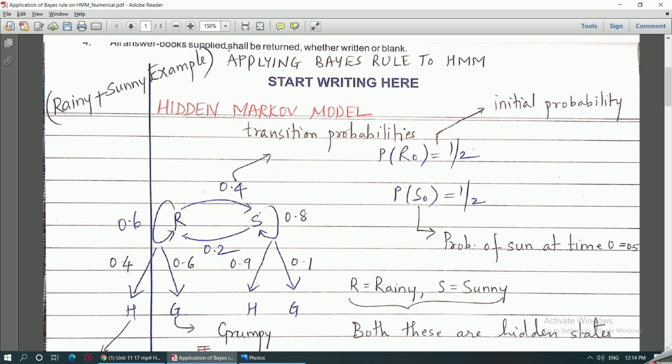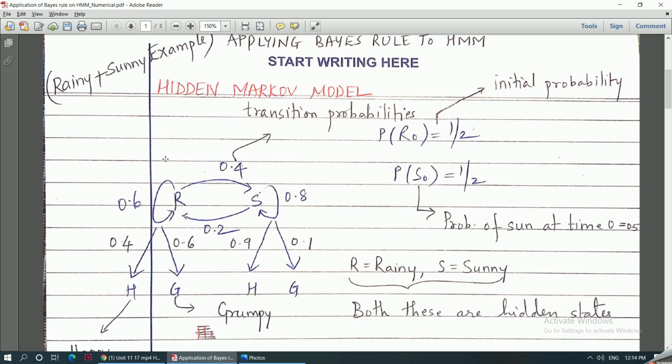So if you see over here, I've considered a state transition diagram where we are going to apply Bayes rule to hidden Markov model. As you can see here, we have been given the state transition diagram. We have got two states, rainy and sunny. And there are four observances or observations.